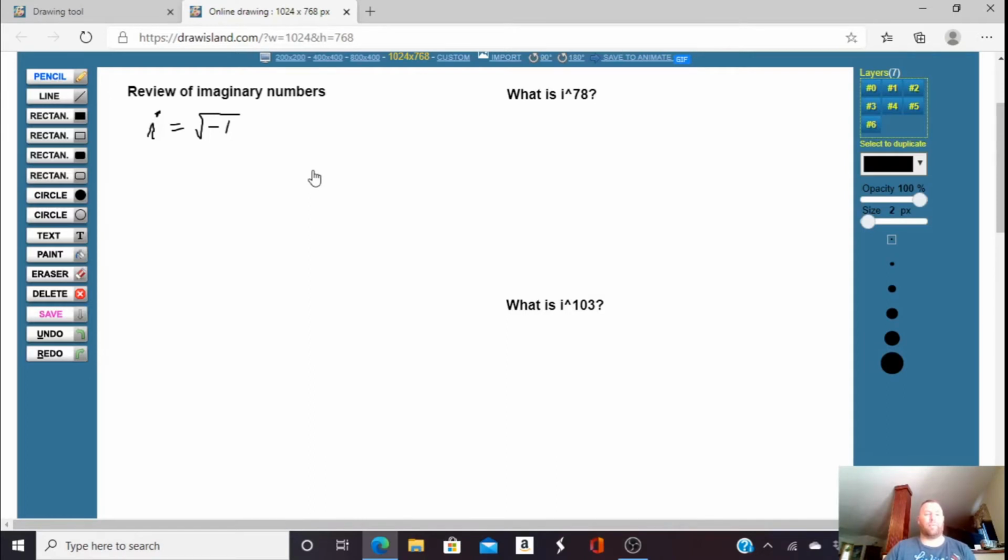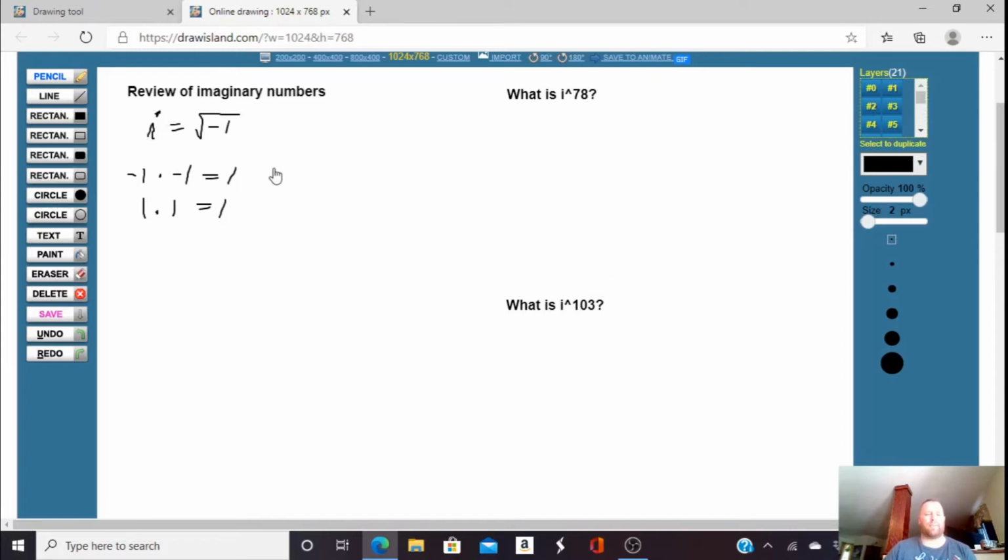And there is no number times itself that equals -1, because if you remember, -1 times -1 equals +1, because a negative times a negative is positive, and 1 times 1 also equals +1. So there's no number that we can multiply by itself to get -1.